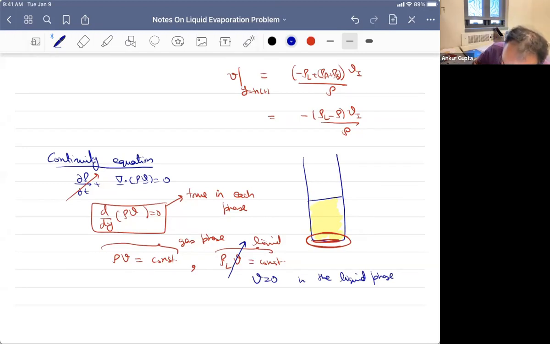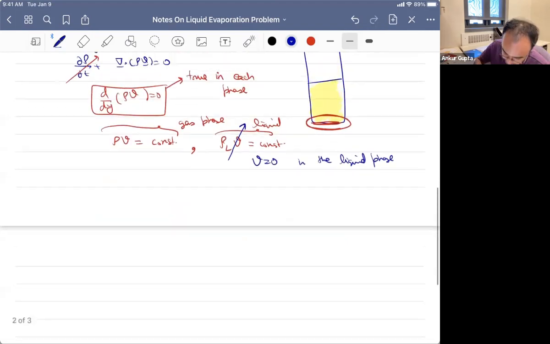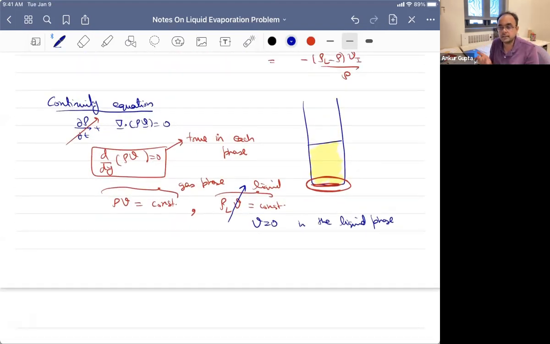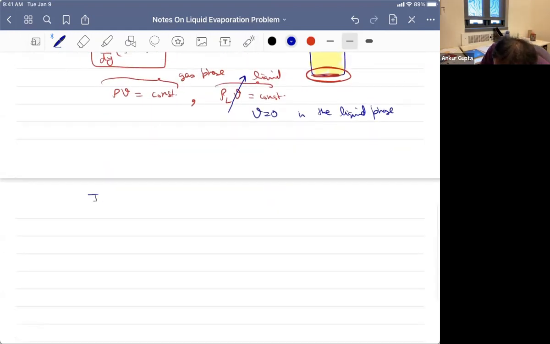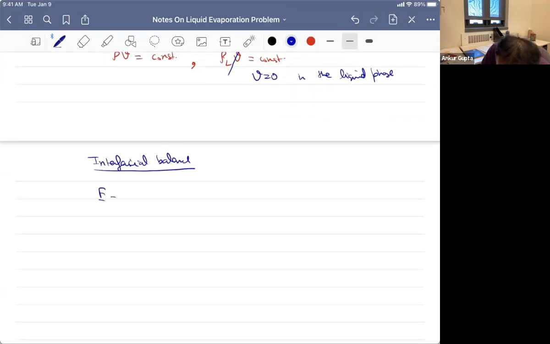All right. If we get this result, let's now apply the interfacial balance on the continuity equation. The interfacial balance is the flux minus B v_I in the first phase dotted with n, minus the flux minus B v_I in the second phase dotted with n, plus B_s, equal to 0.